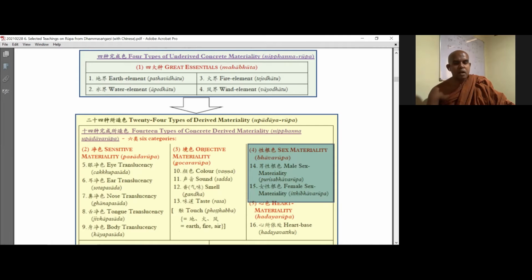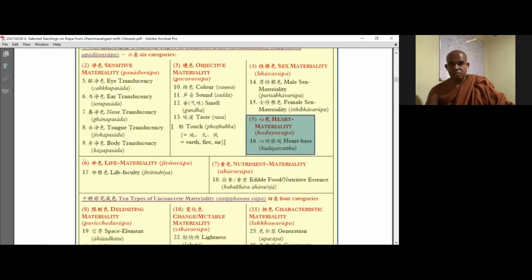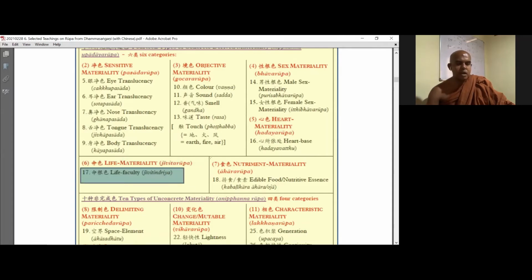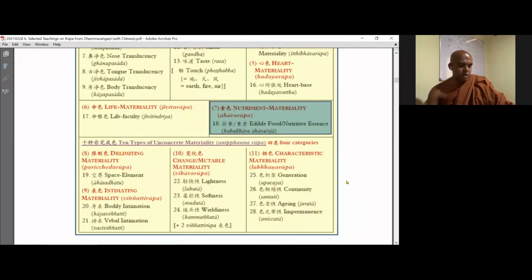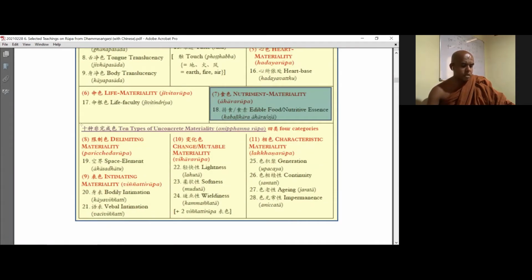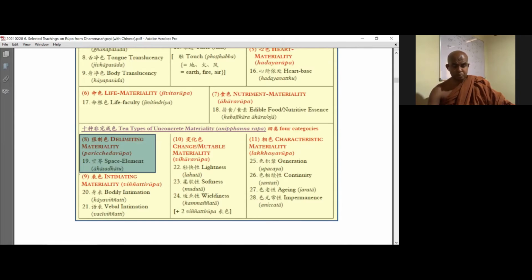Next one, heart base. Everyone knows about heart base. Next one we call life faculty. And next one is ahara rupa, nutritive essence, kabalinkaro ahara, edible food, no? And after that, explaining space element, akasa dhatu, and two intimation rupa.